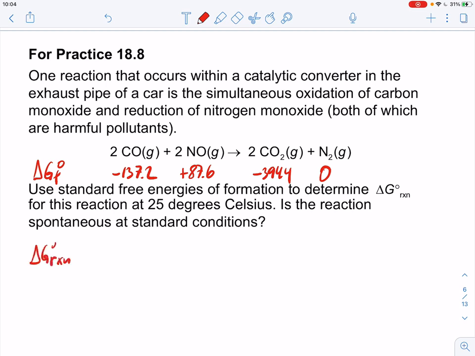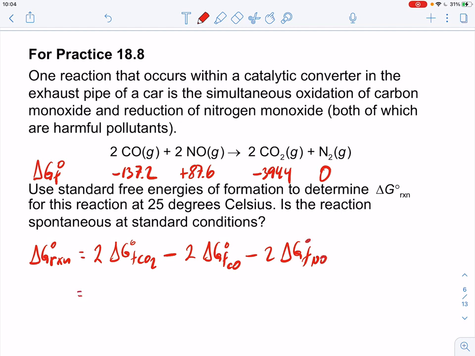So our free energy of reaction is going to be 2 times free energy of formation of CO2 minus 2 times free energy of formation of carbon monoxide minus 2 times free energy of formation of nitrogen monoxide.